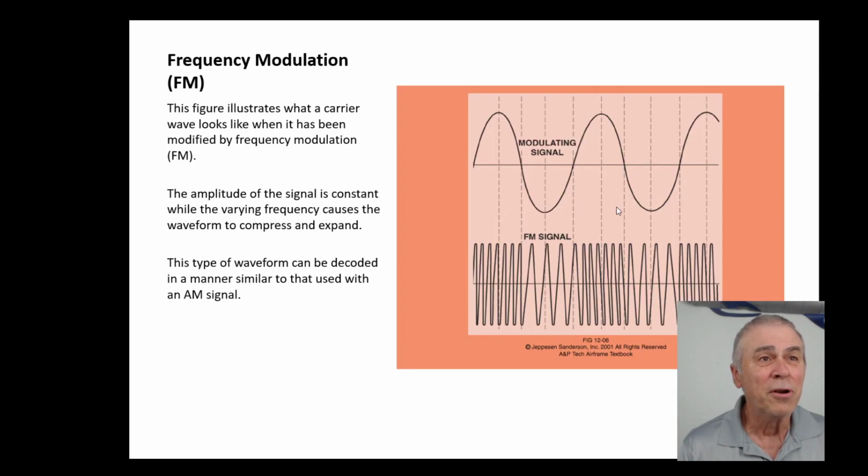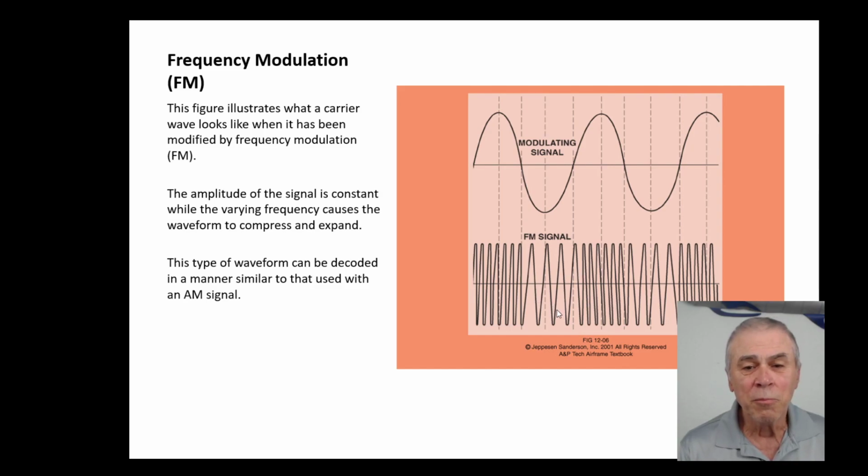Frequency modulation is very similar. Frequency is next. The modulating signal is standard, and the FM signal doesn't change in amplitude. It's either at +5 or -5. What is actually changing is how fast it is being modulated.